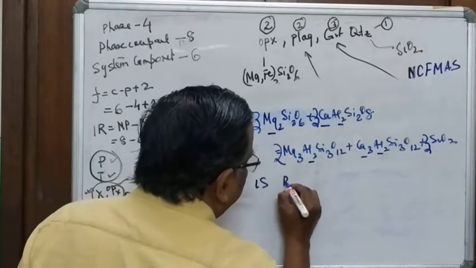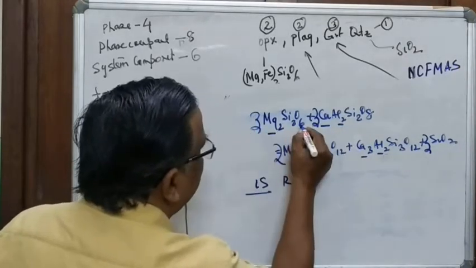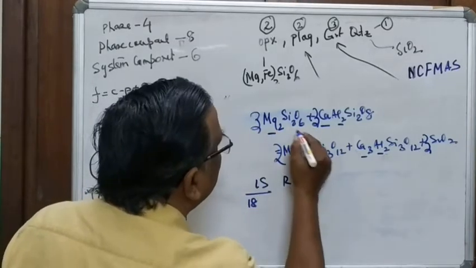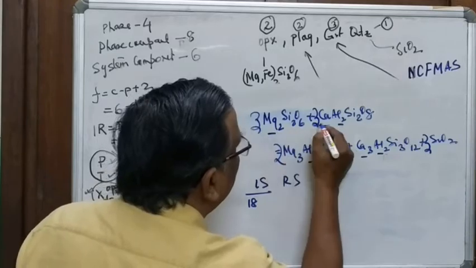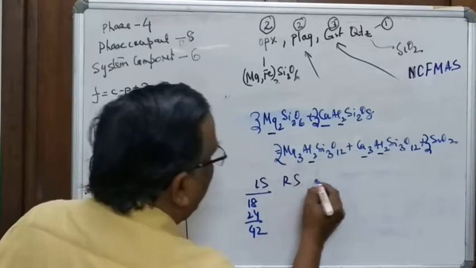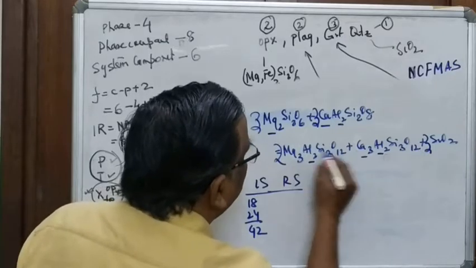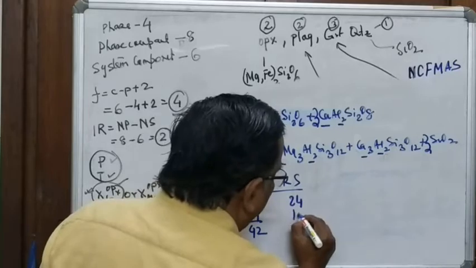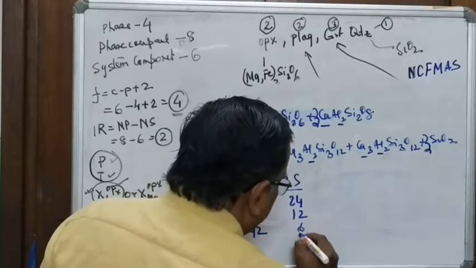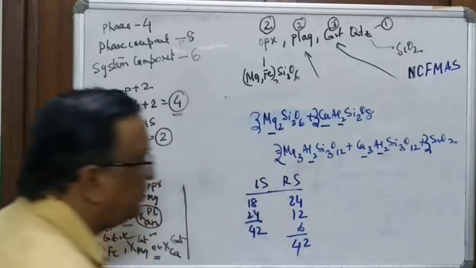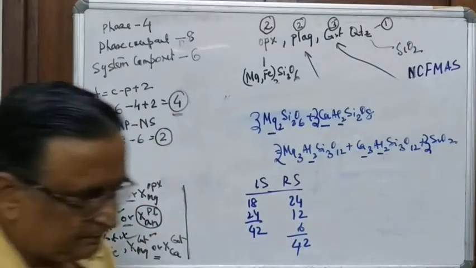Left hand side 3 into 6, 18, 24, that takes it to 42. And on the right hand side, here you have 24 oxygen, 2 into 12, plus 12, and plus 6, 42. Your equation is balanced.